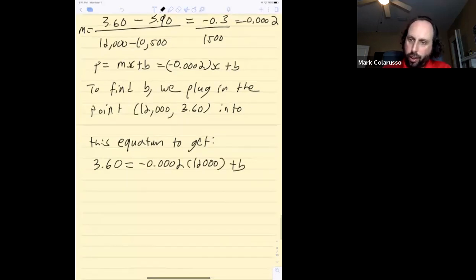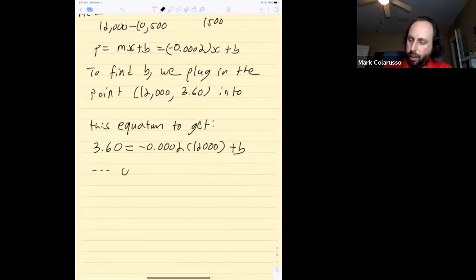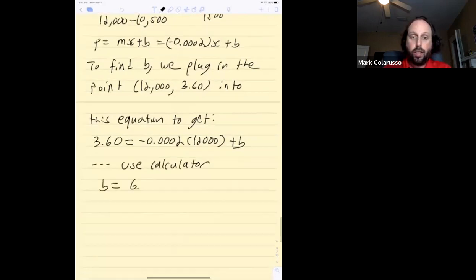And now you have to use a calculator. It's already been done, and you get b is equal to 6.